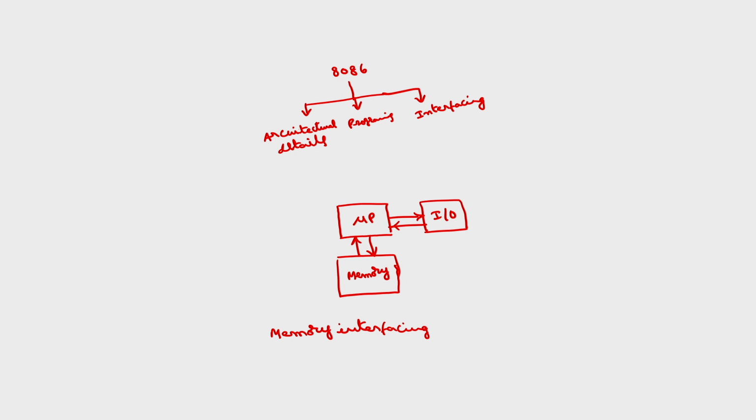Before going for the memory interfacing, I will review some details of the memory, because memory details are required to interface the memory to the microprocessor. Basically there are 2 types of memories: read only memory and random access memory.